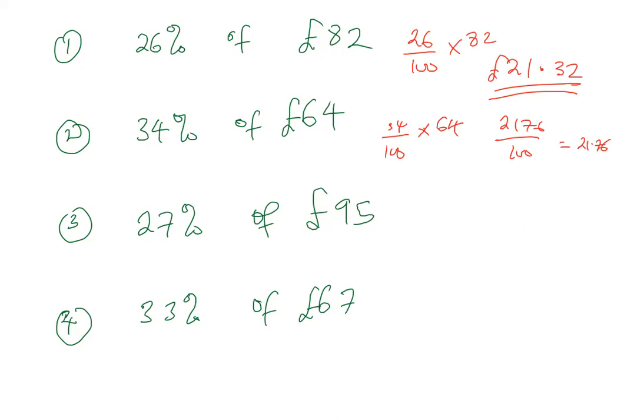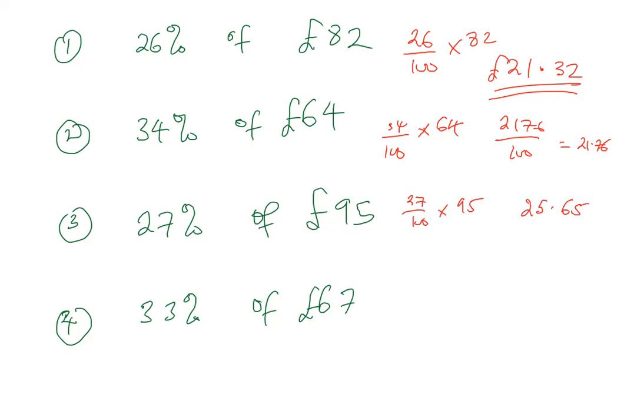So the next is 27 over 100 times 95. 27 divided by 100, times 95. That gives you 25.65. Yes, that is correct too.